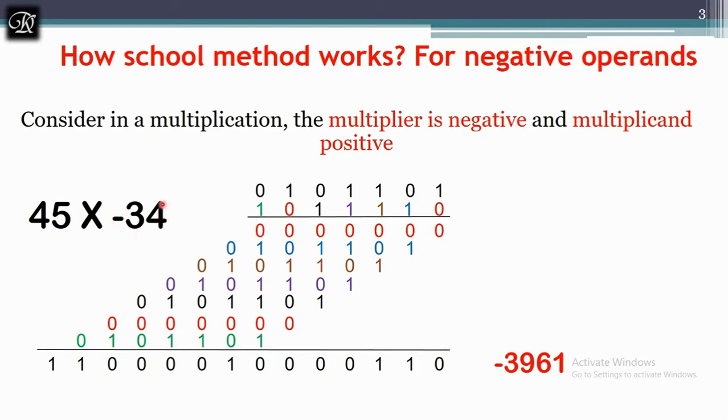How to find the negative version of this in binary? First find 34 in binary and find the 2's complement for that in binary, then you will get a value, and you have to add an extra bit to the value, that is the sign bit. 0 represents a positive number, 1 represents a negative number, and this is the negative version of 34.